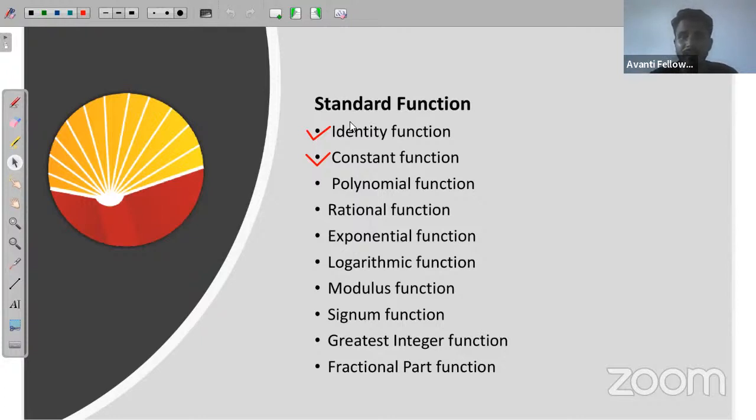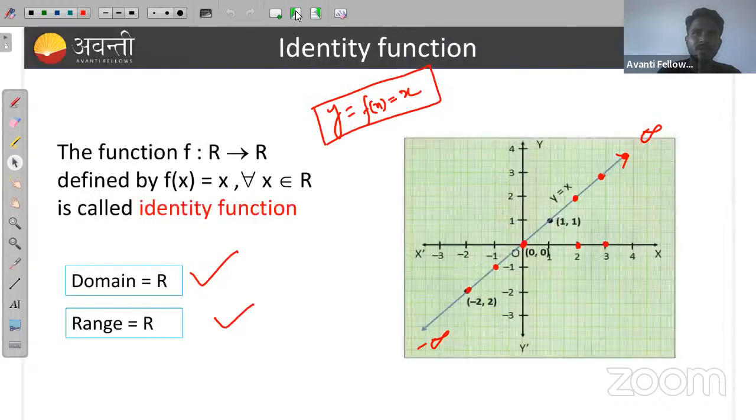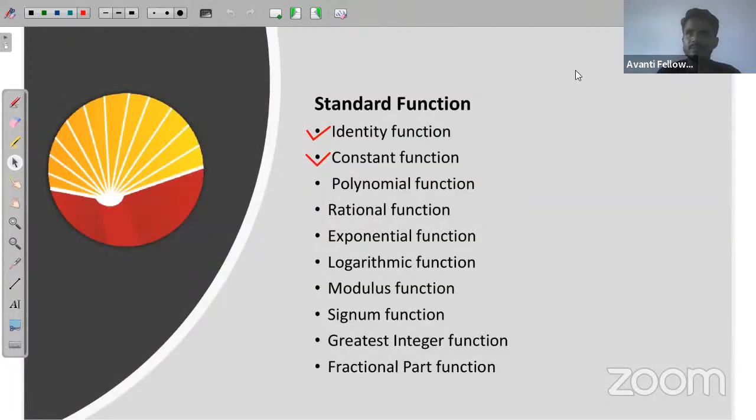This will be very helpful to understand functions, because all the problems coming in competitive exams or board exams have a high chance of involving these listed functions only. Every time you see the questions, you will find these listed functions involved. So if you know them better, like the domain, range, graphs and everything, it will be very easy for you to understand. So let's start without any further delay.